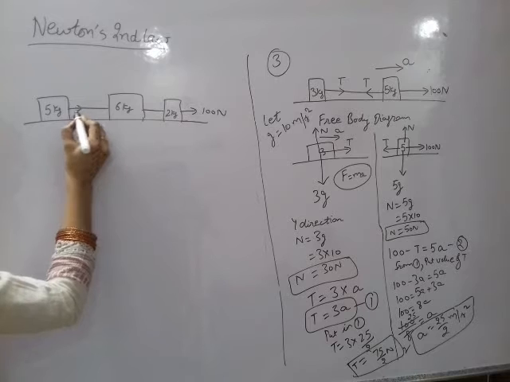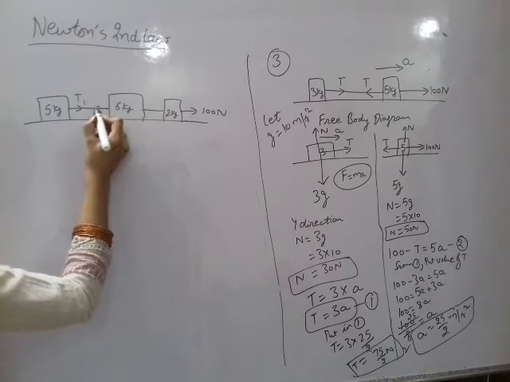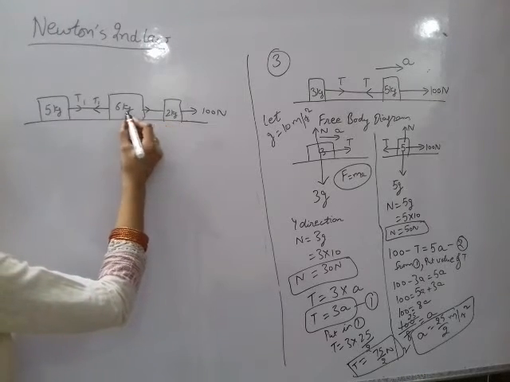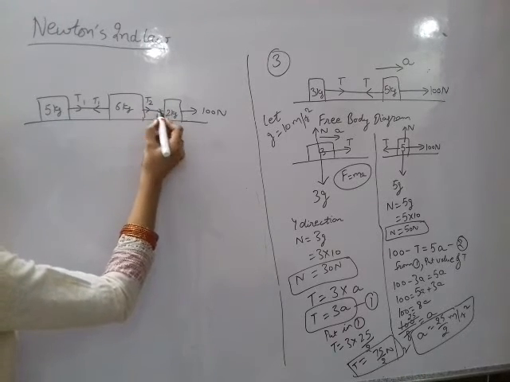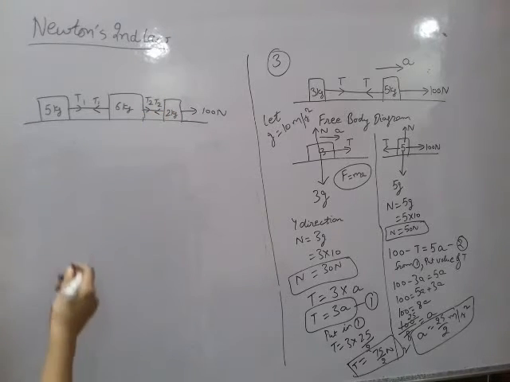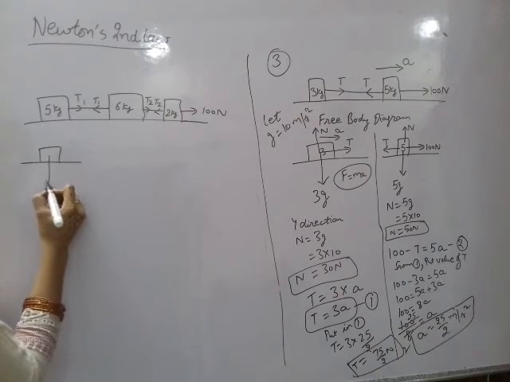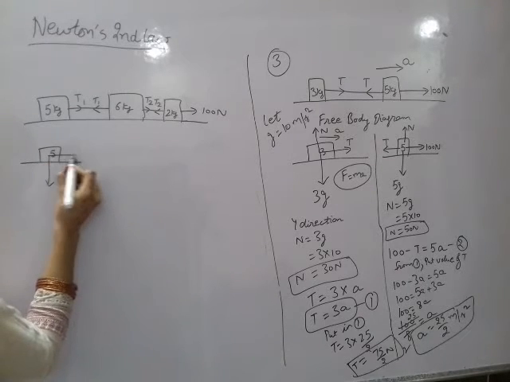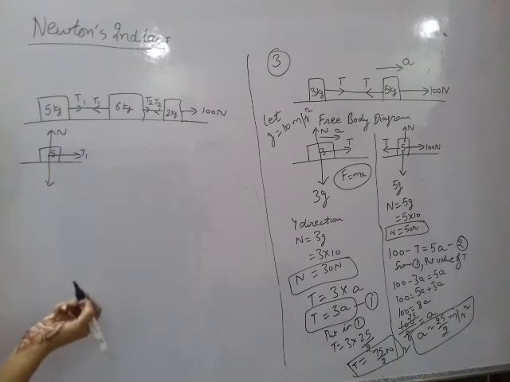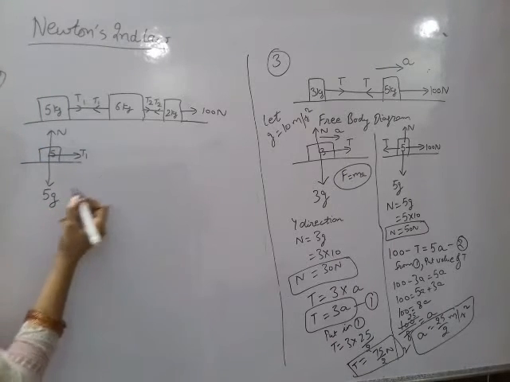Here now tension T1. For this block, tension comes out on this side. For this block again tension is on this side. For this block tension is away from the block. So for the first we can write 5 kg mass, T1 is the tension, again in upward direction normal reaction, and downward direction 5g.